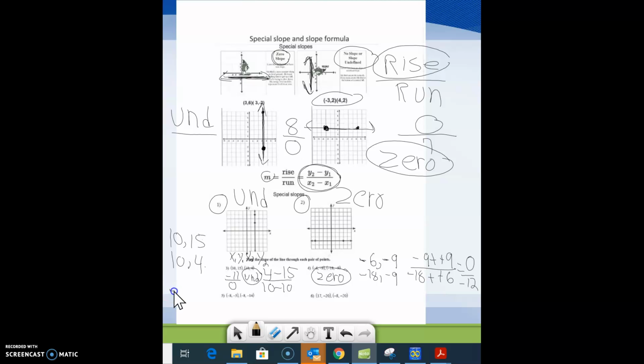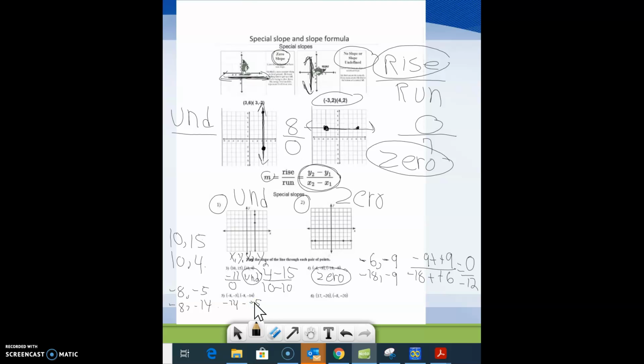So I'm going to go x1, y1 for number 5, x2, y2. Alright, so let's see. Remember, the y's are on the top. Negative 14 minus negative 5.